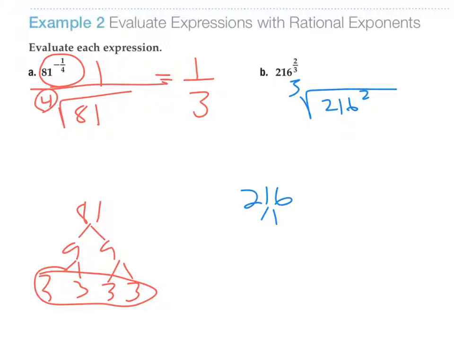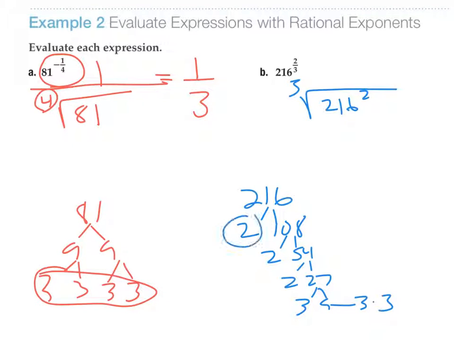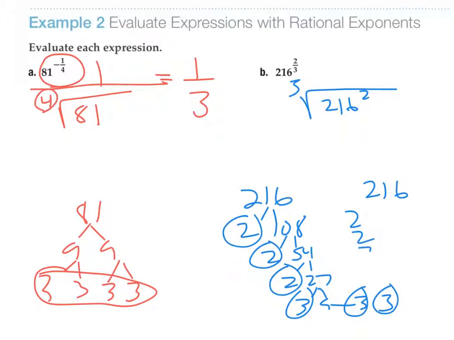I divide by 2, and I keep dividing until I get all the factors, which are 2, 2, 2, 3, 3, 3. Because I'm squaring it, I have 2 of them. So I'll have 2, 2, 2, 3, 3, 3.